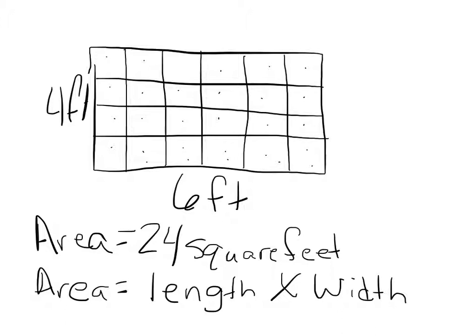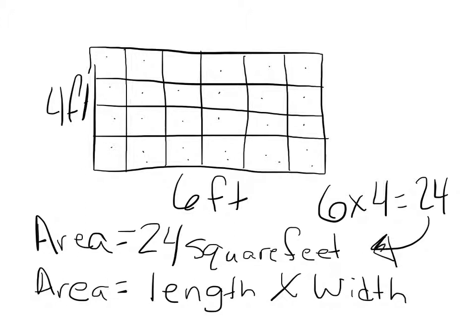So I would do the width, which is 6 feet, times the length, which is 4. And so I'm going to do 6 times 4 equals 24. Alright? And my answer goes there. 24 square feet. Okay? So you can pause the video, and that's how you find the area.